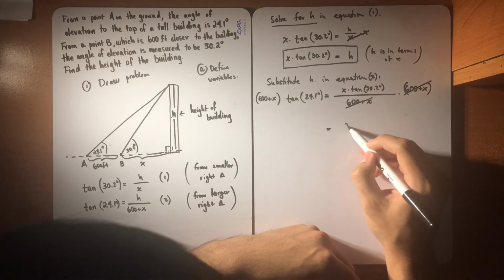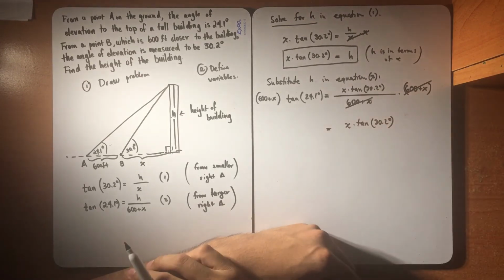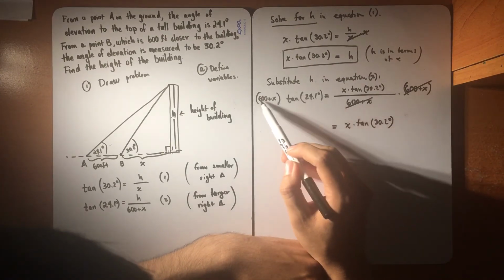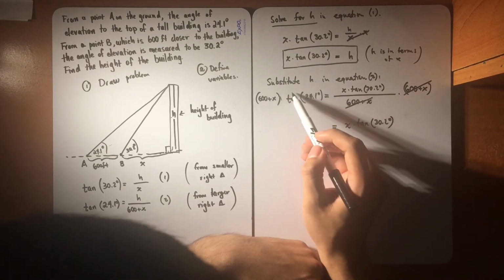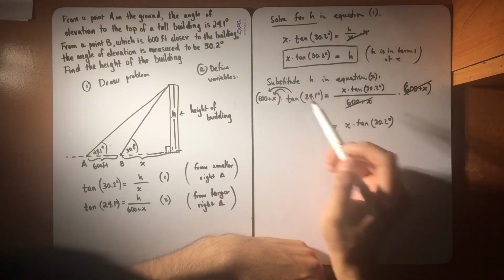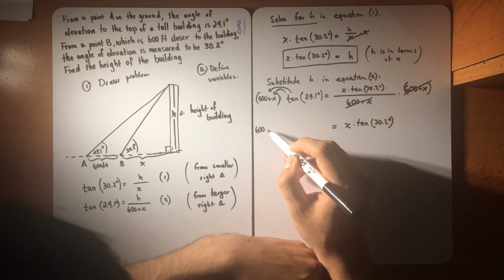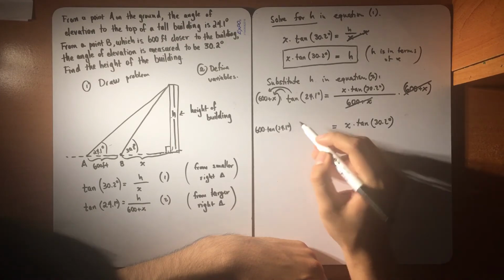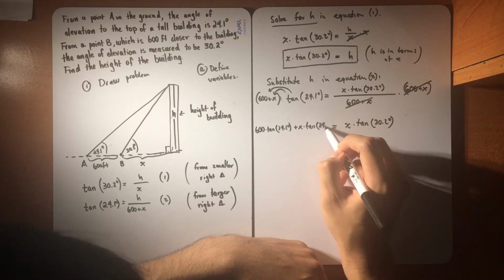So I'm left with x times tangent of 30.2 degrees, and this will equal 600 plus x multiplied by tangent of 24.1. I can distribute the tangent to everything inside the parentheses, so I get 600 times tangent of 24.1 degrees plus x times tangent of 24.1 degrees.